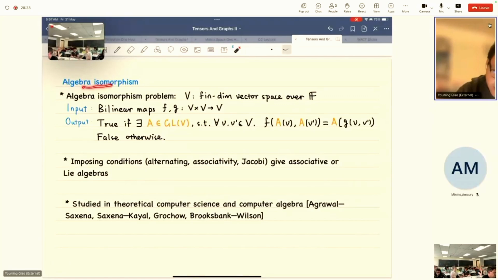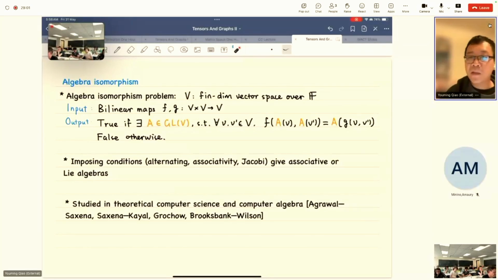Now, another thing is the so-called algebra isomorphism. For algebra isomorphism, we only have one finite-dimensional vector space V over a field F. The input is also a bilinear map, but now it's not U cross U to V, it's V cross V to V. The question is whether there exists an invertible linear transformation A, such that when you apply A on this side, and of course A is now applied on this side, the two bilinear maps are the same.